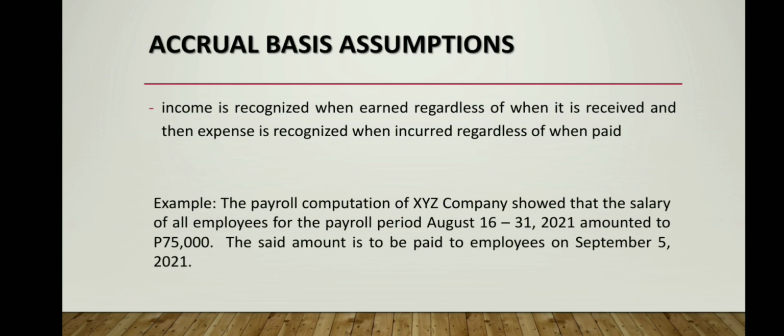So question, when are we going to record the salary expense? Is it August 31, 2021 or September 5, 2021? Of course, that should be on August 31, 2021 because this is when salary is actually incurred.